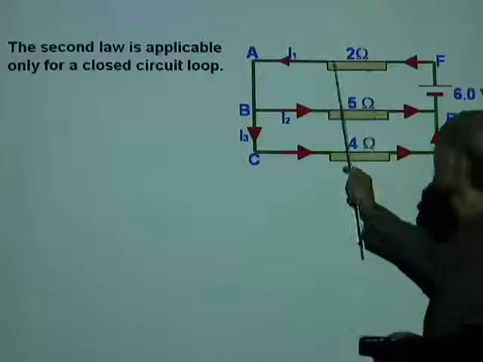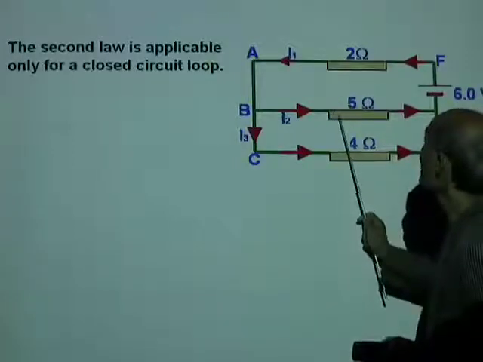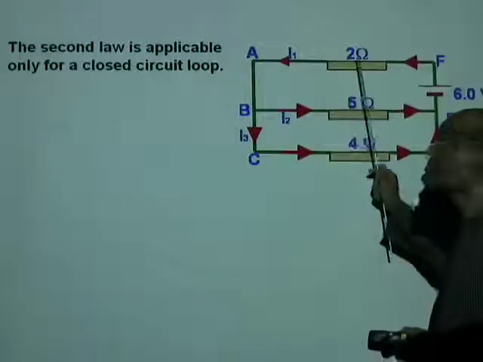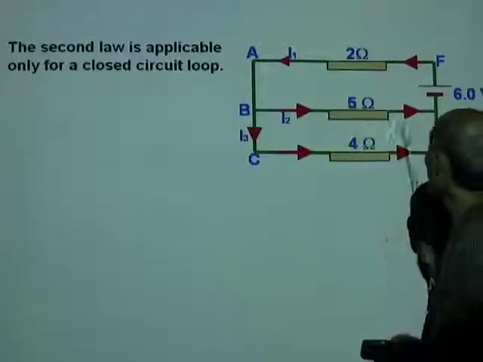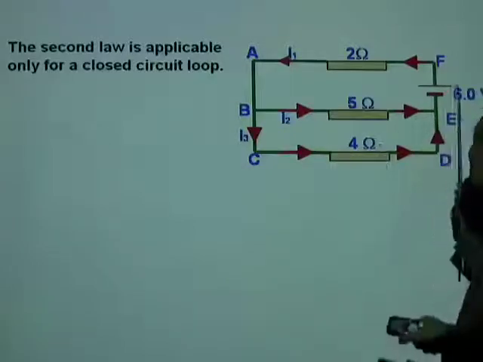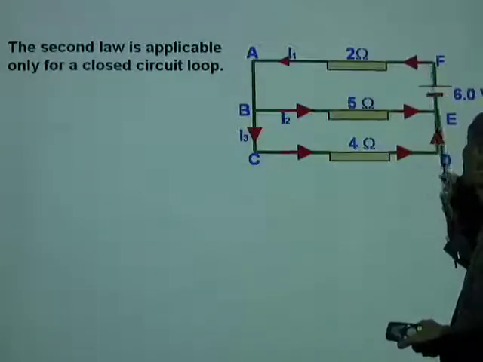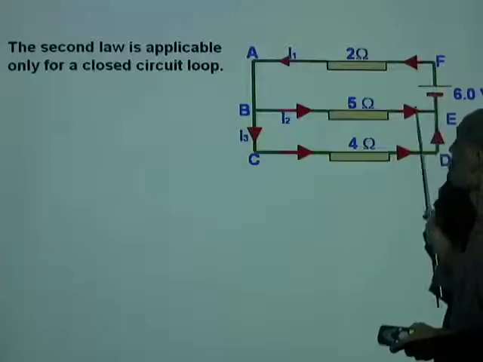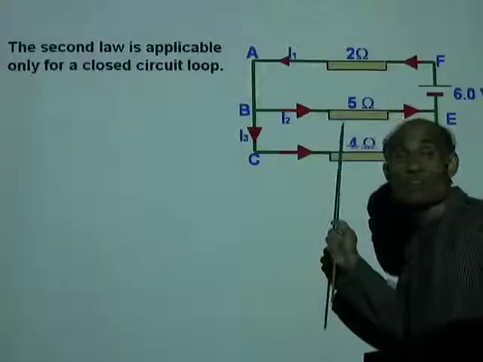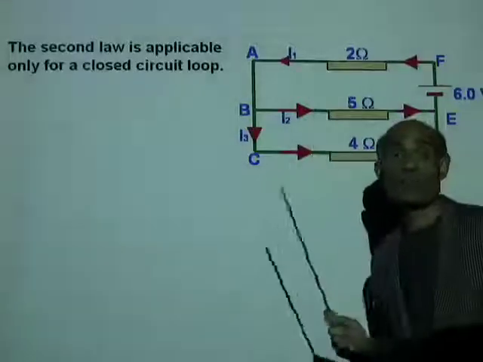Here we have a 2 ohm resistor, a 5 ohm resistor, and a 4 ohm resistor in parallel. We have a cell or a battery of EMF 6 volt in this part of the circuit. Let's try and use this to explain the second law.